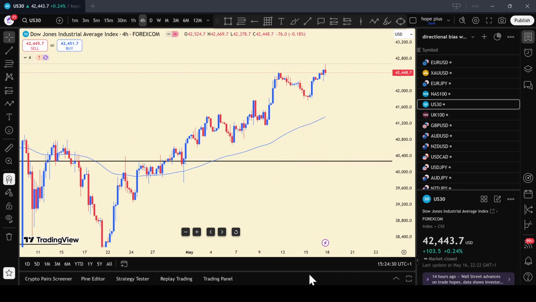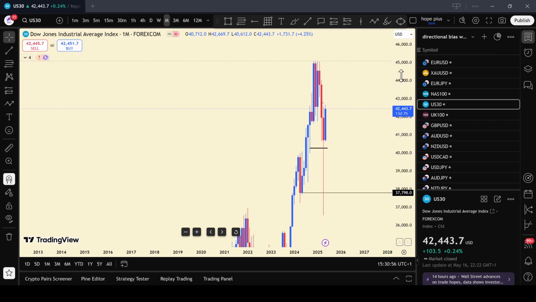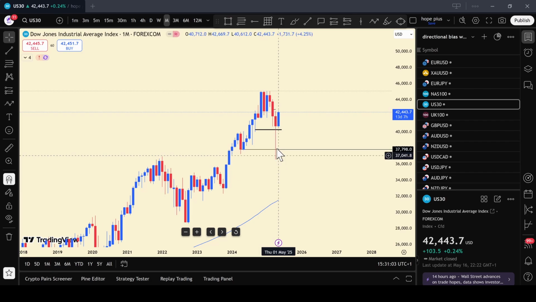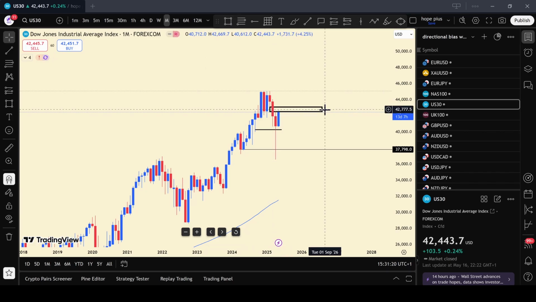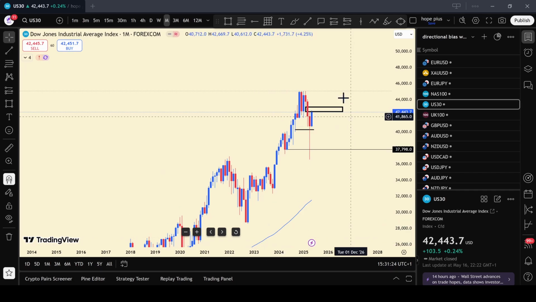With the US 30, we're also going to do the same thing. This is the same thing I do every week. So from here, you can see we are rejecting from this monthly level. We have a fair value gap on the monthly here. So this for me will serve as a liquidity.